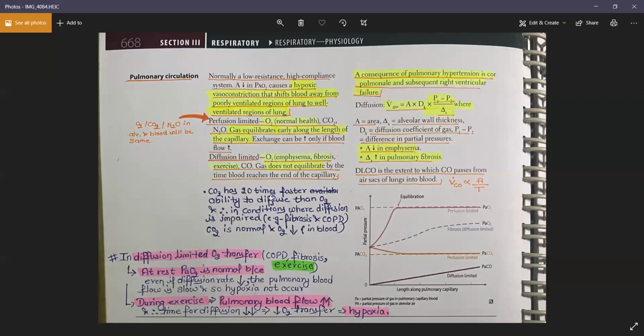Yeah, exactly. Less perfusion means less oxygen. So O2 is both perfusion limited and diffusion limited, depending on the pathophysiology we have. Exactly. In a normal healthy individual, the oxygen will always be perfusion limited. Only in a diseased patient will it become diffusion limited.